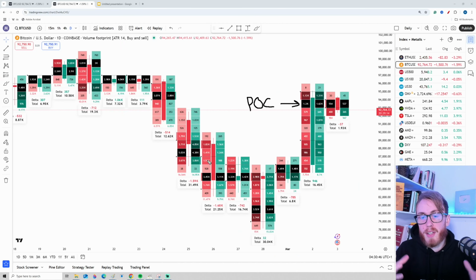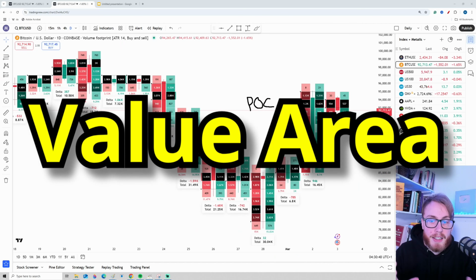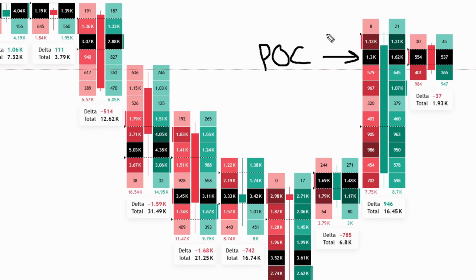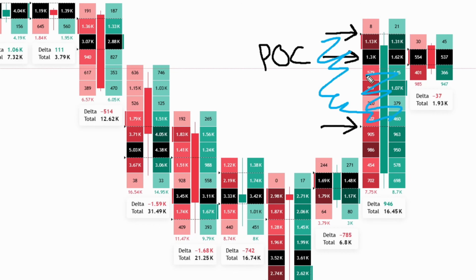Another concept you need to understand is something called the value area. It's very hard to see on my chart right now, and I'm not sure you guys can see this, but we have a slight black arrow right here, and a slight black arrow down here. Between these two arrows, this whole area right here for the green candle, is known as the value area.